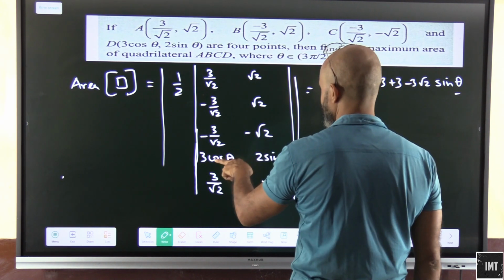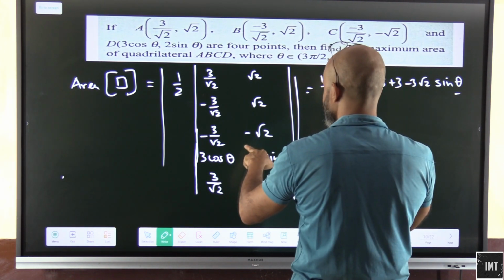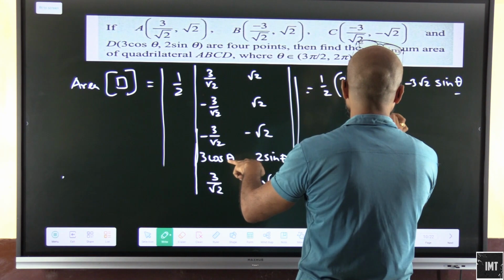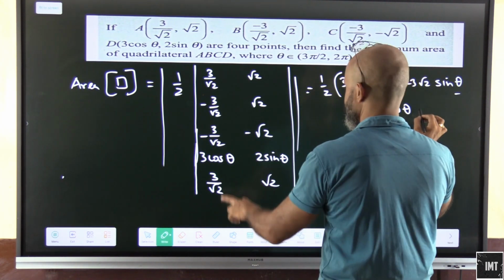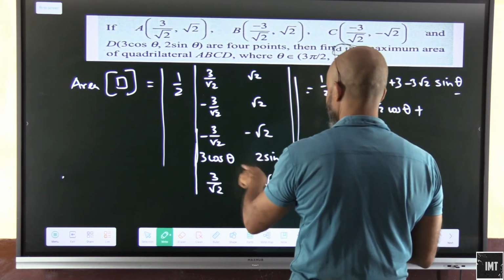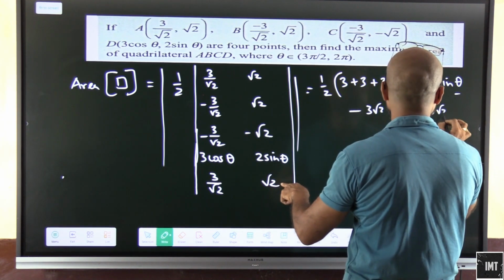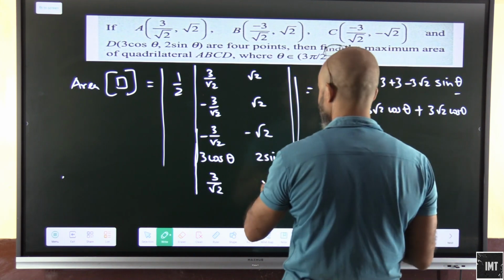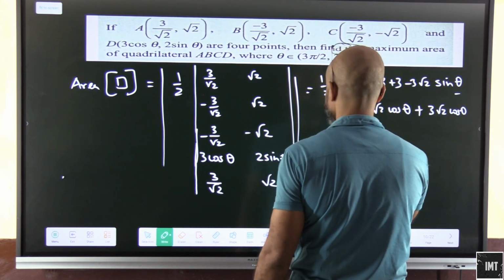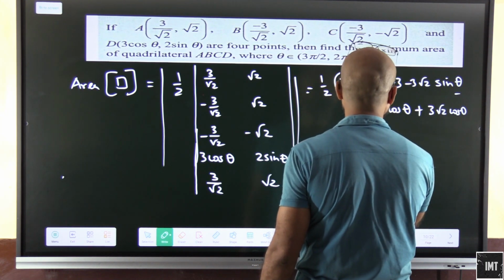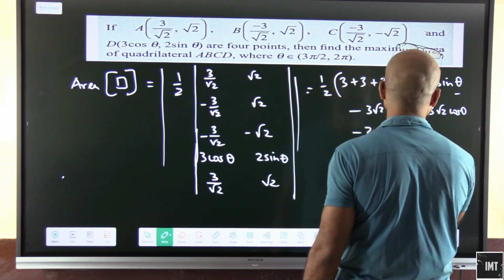Minus 3 under root 2 cos theta. Plus we will have 3 under root 2 cos theta, and minus 3 under root 2 sin theta.